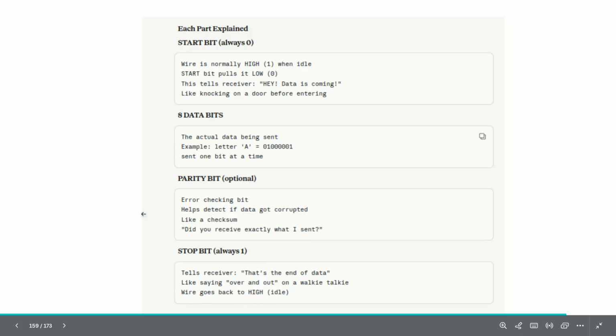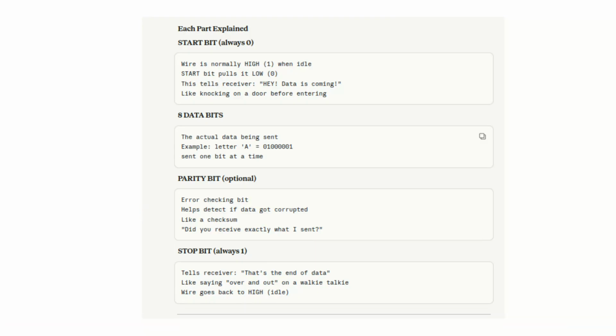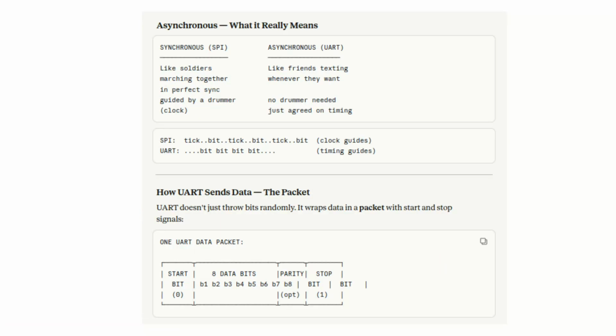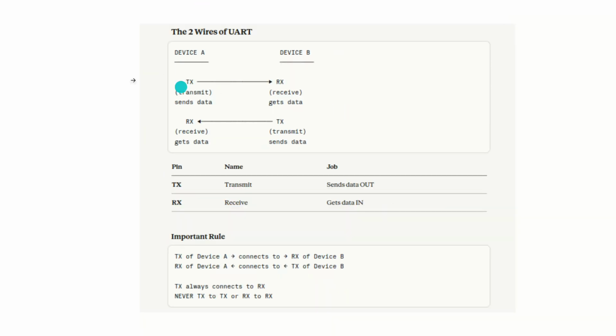So the wire was initially, the wire would always be high. That is the TX wire. We are talking about this TX RX wire. So when we are transmitting data to RX, we will be transmitting one packet to the RX side, device B. This wire would be initially high. First we have to tell the receiver the data is coming, so you have to pull it to low.